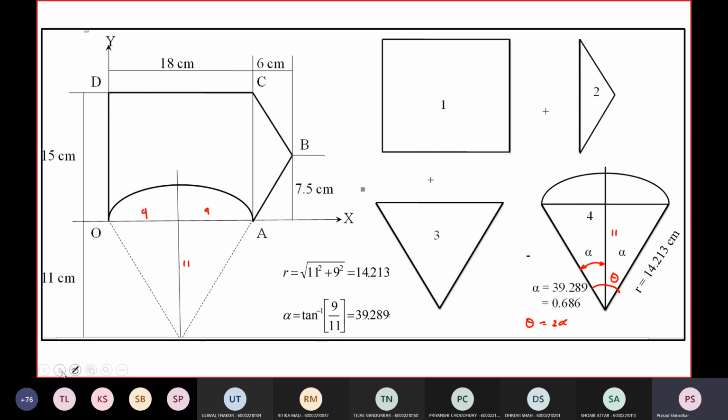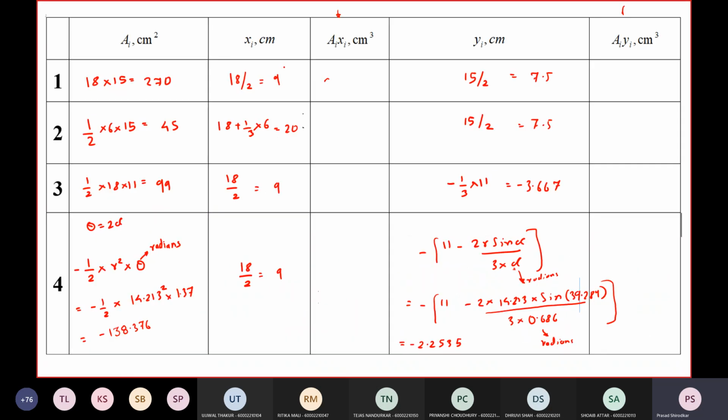Can you tell me the values one by one? AiXi and AiYi. They are the same. 2430. Correct. Second one: 900.